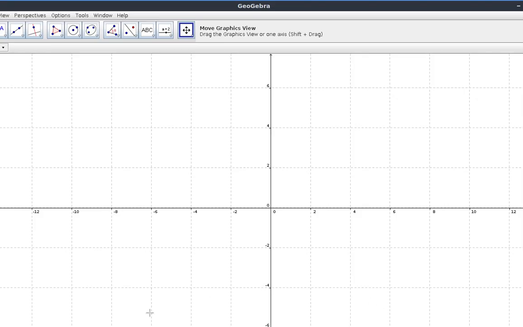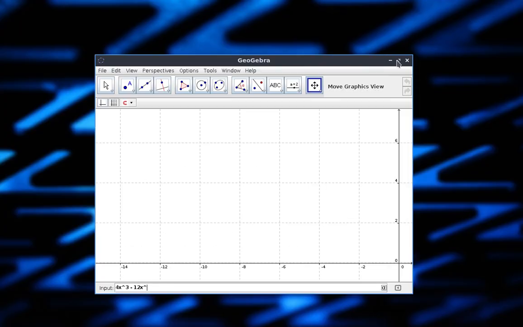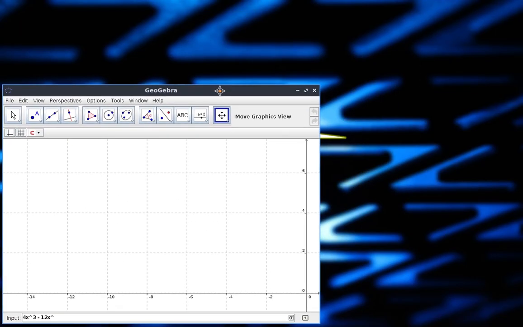Minus 12x squared. Let me adjust it so you can see everything.